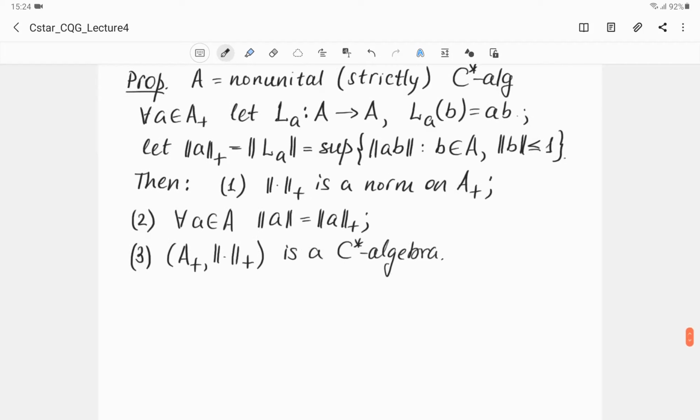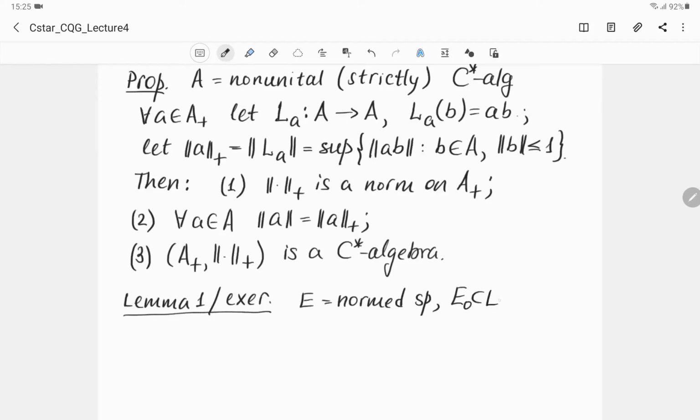Okay, now to prove this result, we will need a couple of lemmas. Lemma 1, and an exercise at the same time. Suppose that E is a normed space, and E0 is a vector subspace of E of codimension 1.